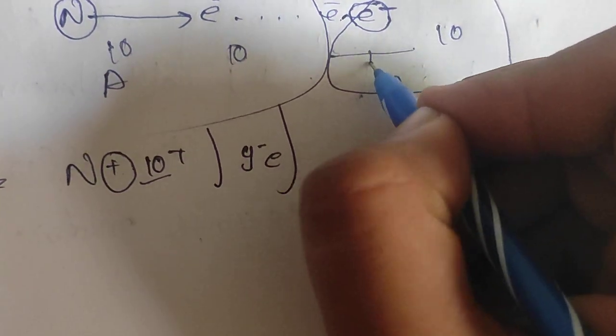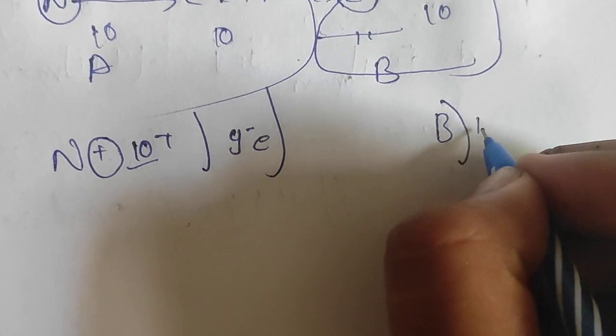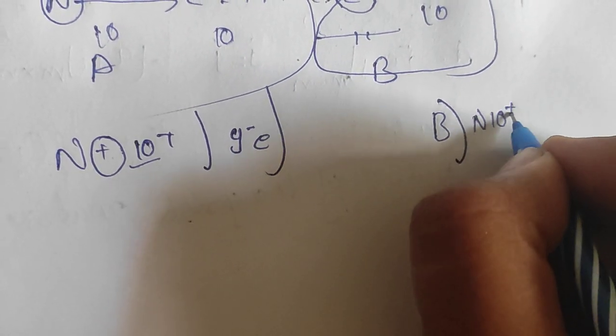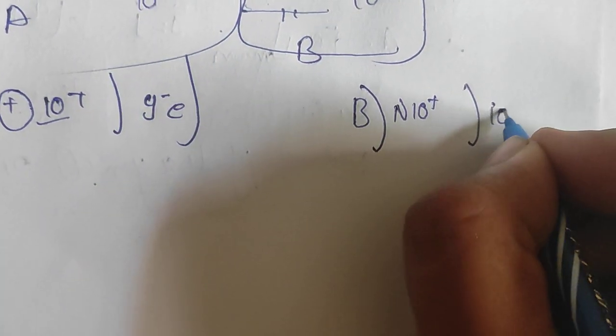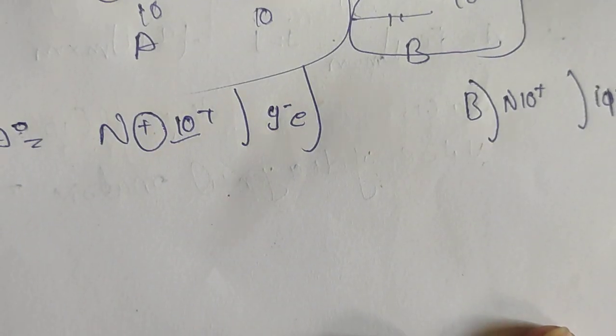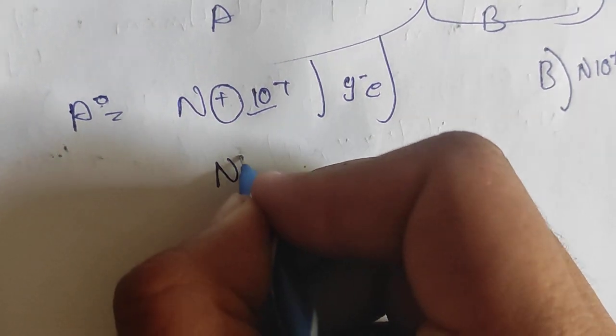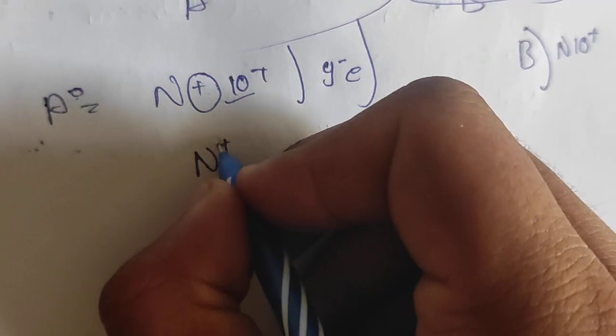Similarly for part B, the nucleus has 10 positive charges, but outside the nucleus it has 11 electrons because one attached from this.